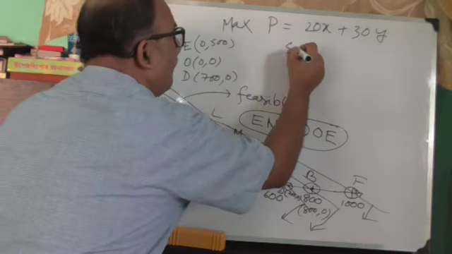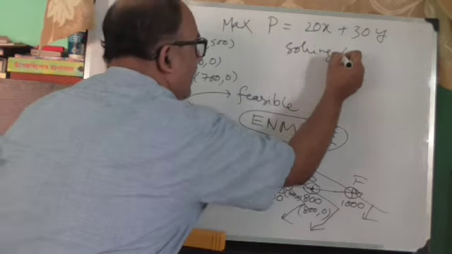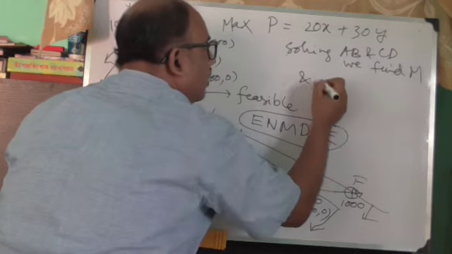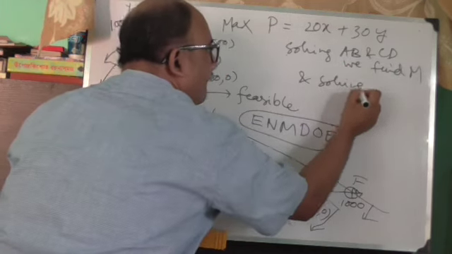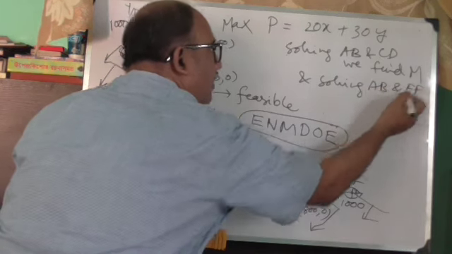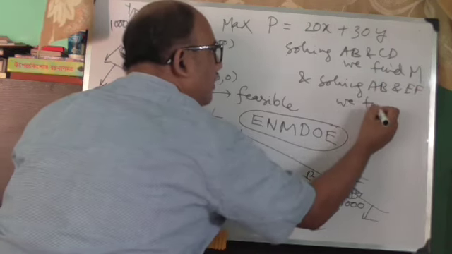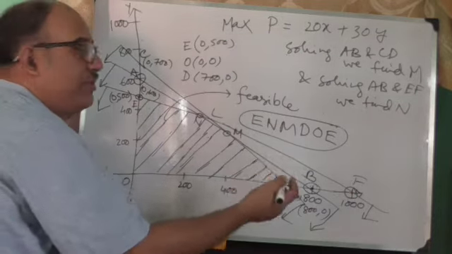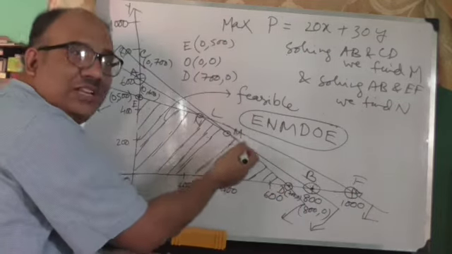So solving AB and CD, we find M, and solving AB and EF, we find N. And when you actually solve it, you find that both the values are the same.